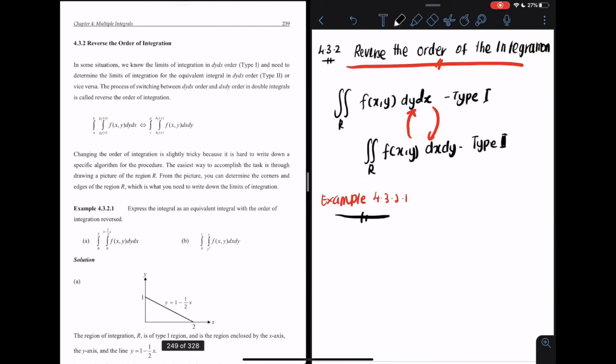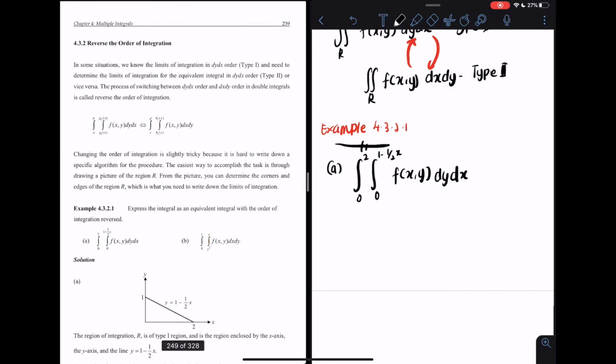For A, you have been given this setup: 0 to 1 minus 1 over 2x for y, and 0 until 2 for x, of the function f(x,y) dy dx. Right now the question asks you to reverse the order of integration from type 1 integral to type 2 integral.